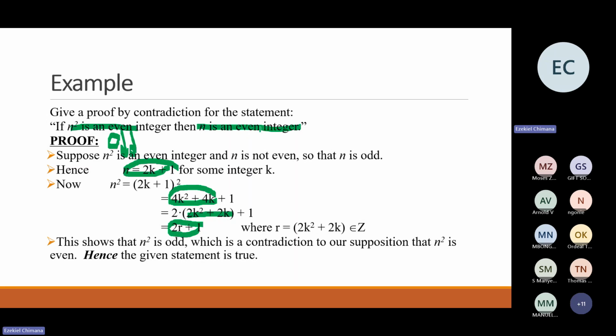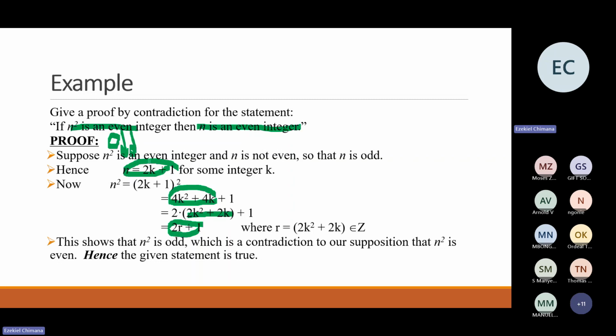And then we just negated this one, and we are saying if n squared is even, then n is odd. Then we've taken n as an odd number, and then we have squared it to get n squared. After that, we end up having something which is an odd number, which is contradicting the statement that n squared is even.